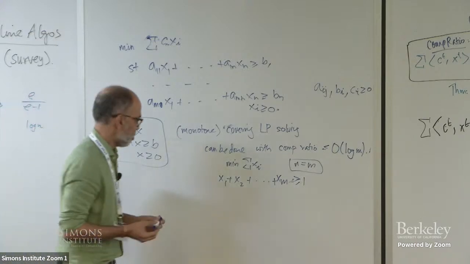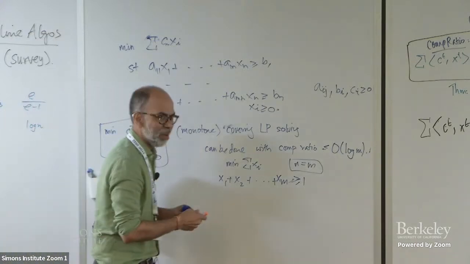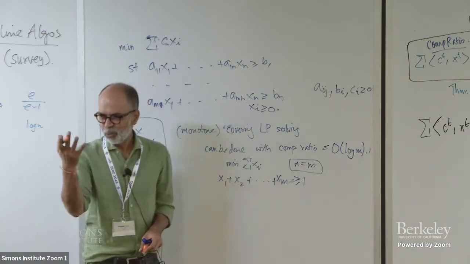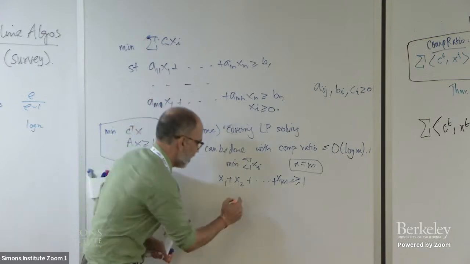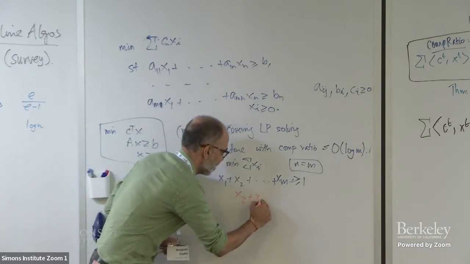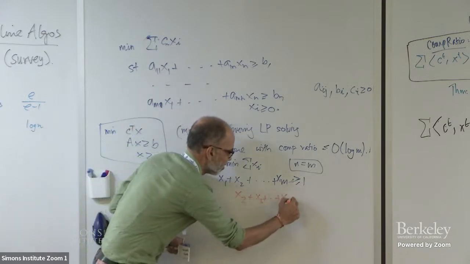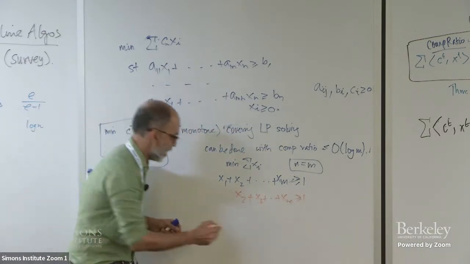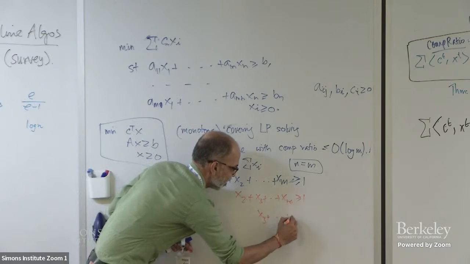Because here's what's going to happen next. I'm going to drop one of these variables, let's say x1, and give you x2 plus x3 plus up to x_n. And then x3 plus up to x_n.